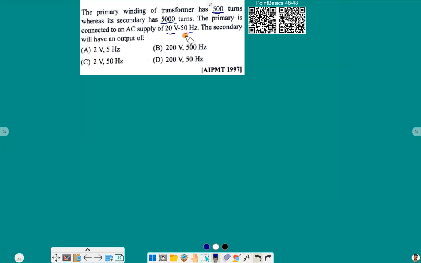So first of all, in the options, frequency is mentioned, and when flux is changed, or we can say when EMF is induced in the secondary coil, that EMF has the same frequency as the primary. So option A is rejected, as it has 5 hertz. Actually our input supply has 50 hertz frequency, and option B is also rejected due to 500 hertz. So only C and D are possible.